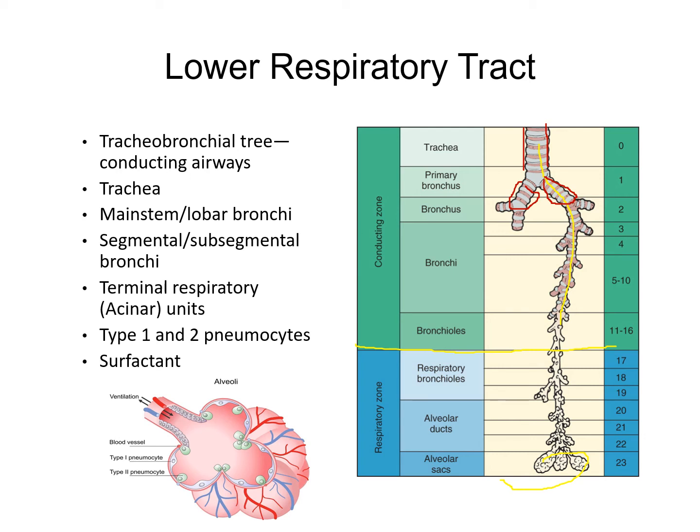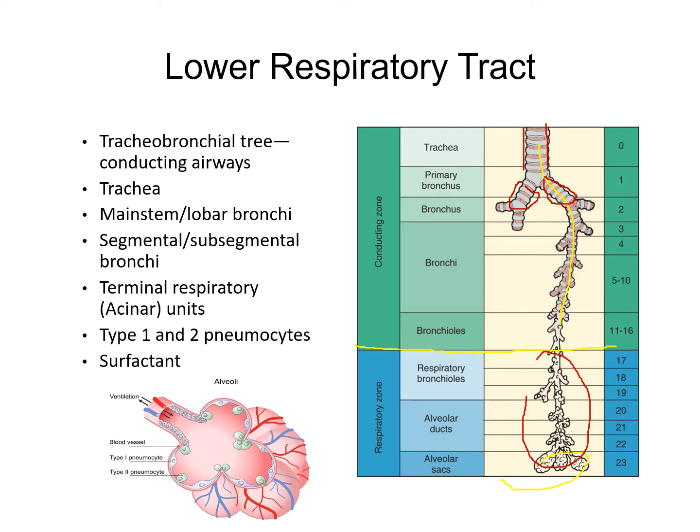the alveolar sacs. So the conducting airways terminate in gas exchange airways made up of respiratory bronchioles, the alveolar ducts, and the alveoli. So all of this area here is the termination of the conducting airways.